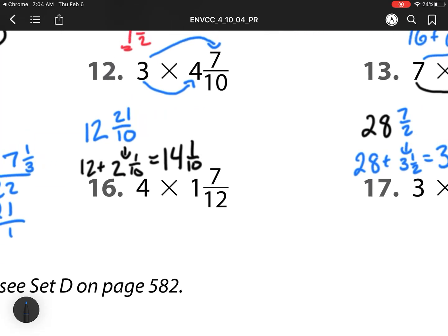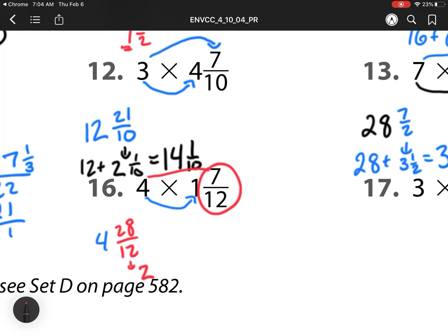Number 16, multiply those wholes. 4 times 1 is 4, and then multiply those fractions. 4 times 7 is 28. Denominator stays the same. And again, I need to figure out how many times 12 can go into 28. Well, I know my 12s is 12, 24, so that's going to be 2 groups.